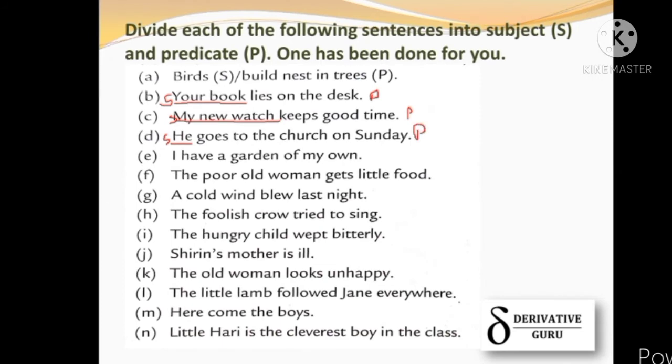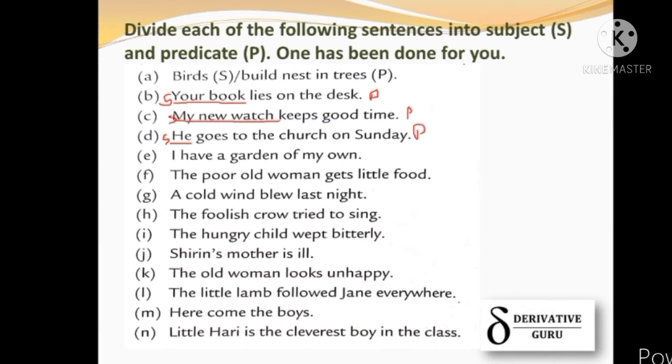As discussed earlier, a subject can be one word or more than one word. So in these two examples, you can see he is just one word, but we are talking about he. So he is the subject. Whereas in the previous example, my new watch, three words comprise the subject.